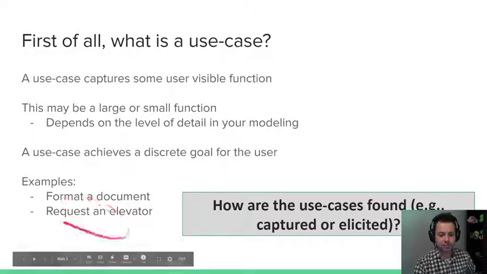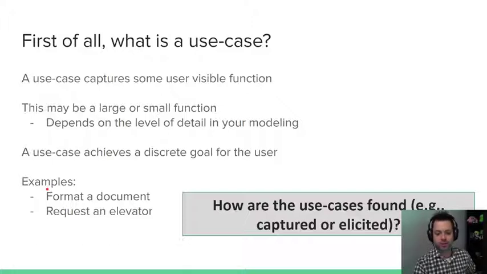So here are a couple of examples for you. Format document, or format a document to be a little bit more grammatically correct. Right, so here we have exactly what we need to know. You're working for a word processor company, right? You're working for Microsoft, you're building the next version of Word, or you're extending LibreOffice or OpenOffice, or any of those word processing tools.